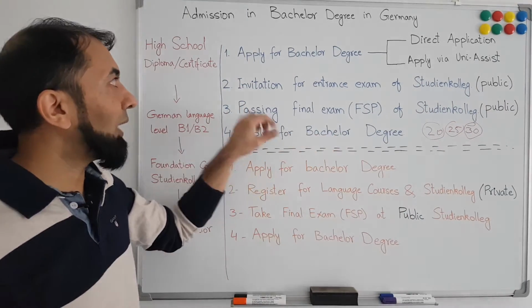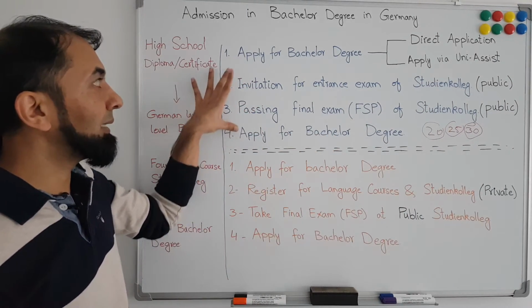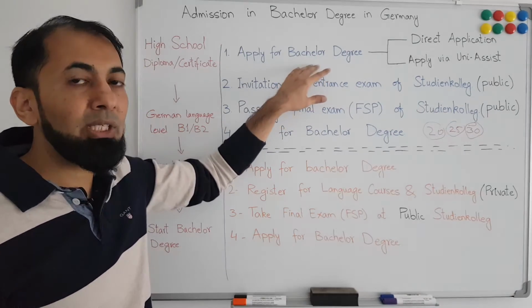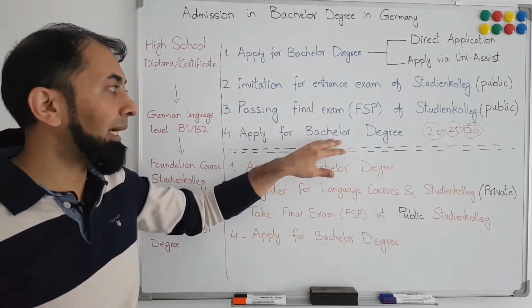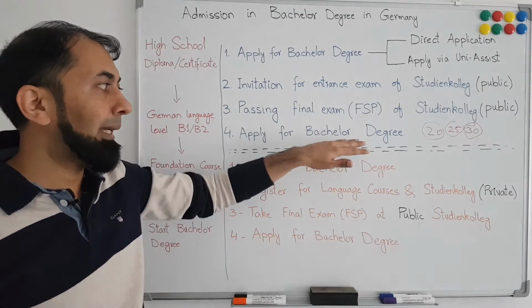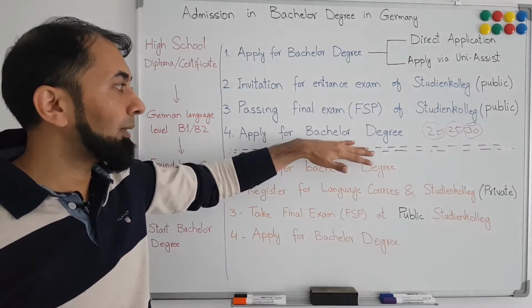And here you see that you have applied twice, but in this process the first application is just a formality, but the second application is the real application, and the course you apply to here is the only course you can start.